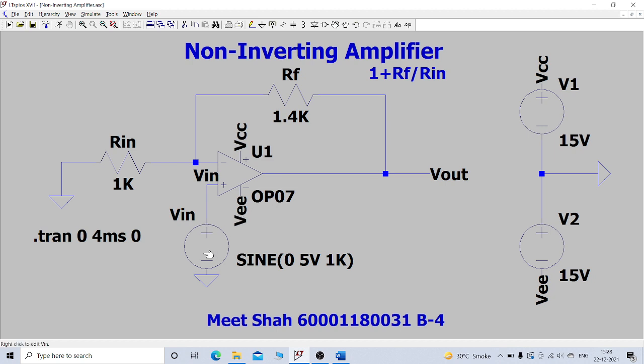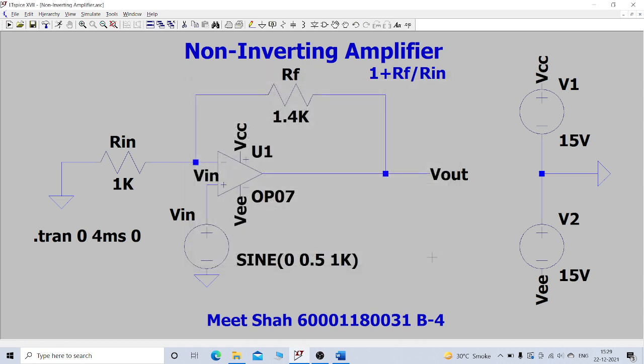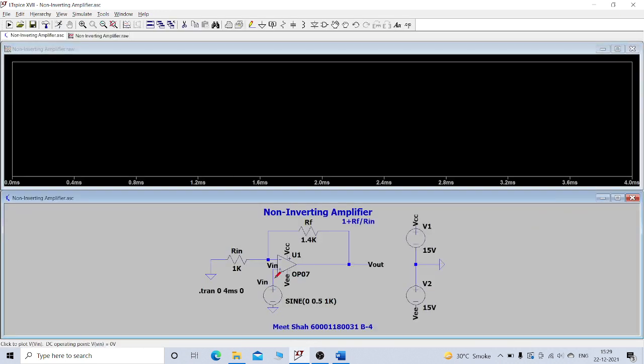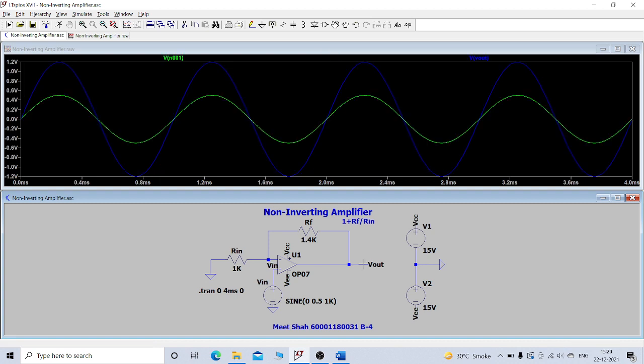We change the value to 0.5. So here we have given 0.5. We'll run this simulation and we can see we are getting our desired output.